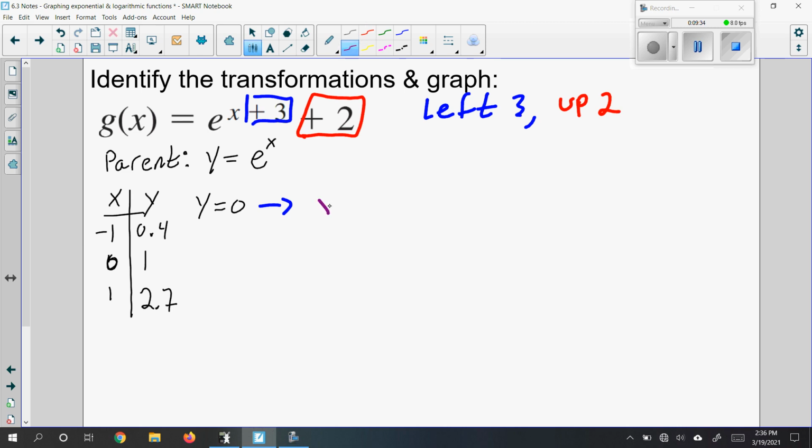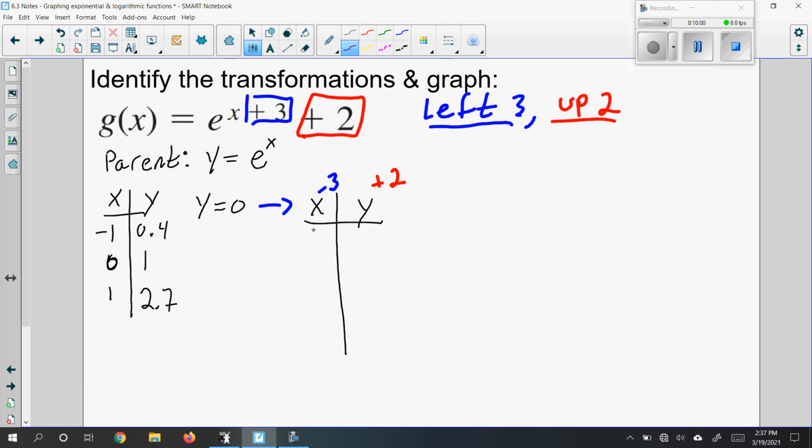So when we make our new table, what we're going to do is subtract 3 from the x values because we went left 3. And we are going to add 2 to all of the y values because we went up 2.